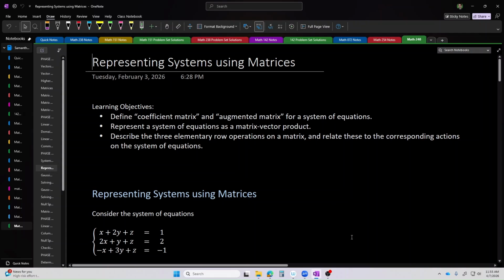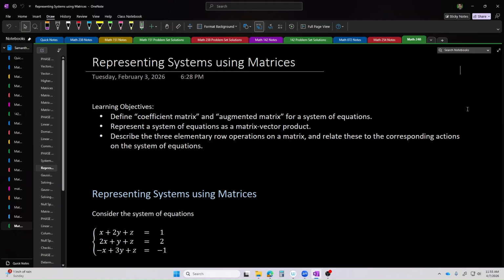So in this video, we're going to take our first step toward establishing the linear algebra technique for solving systems of equations more efficiently. And before we can even get started on doing that, we need to understand how to take a system of equations and represent it using the main tools and objects of linear algebra, which are matrices and vectors.